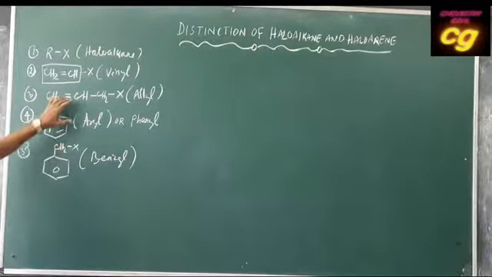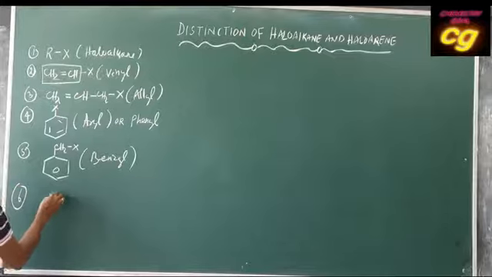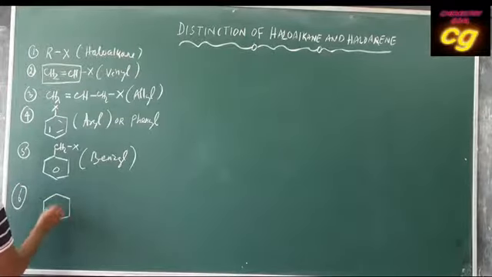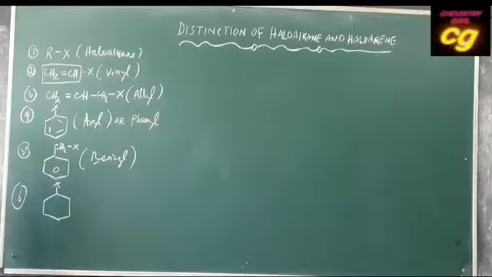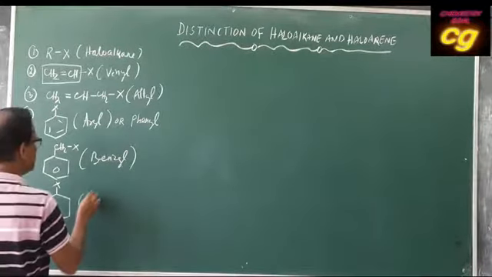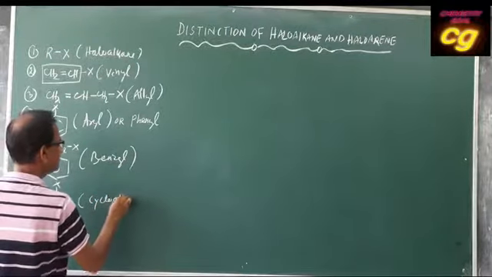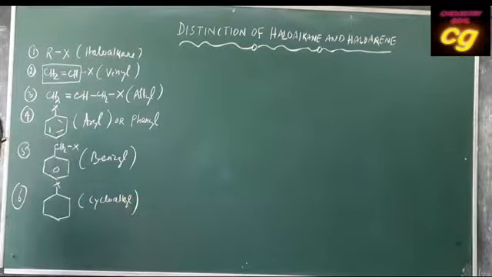Aryl, allyl, vinyl, and this. And this type of group also exists, a cyclic compound like this. This group is called the cycloalkyl group.